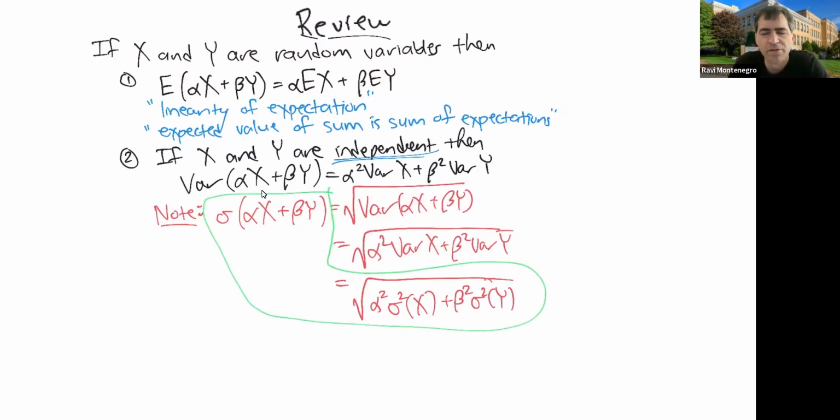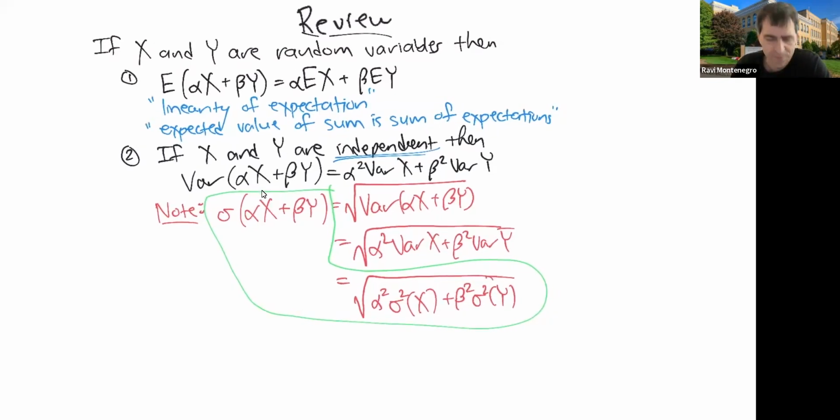Now, so far, so good. Where many people go wrong is that they have seen the linearity of expectation here, linearity of variance and expectation. So you saw the expected value of a sum splits up. With variance, it splits up. And some students will decide that the standard deviation does the same thing.